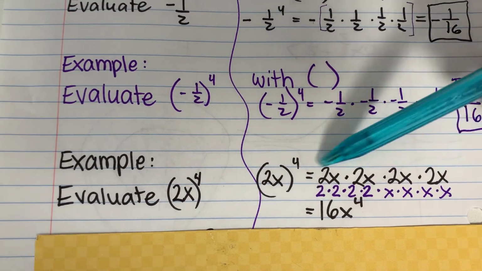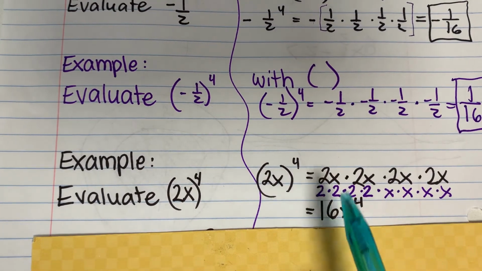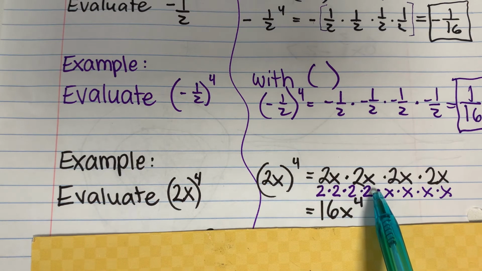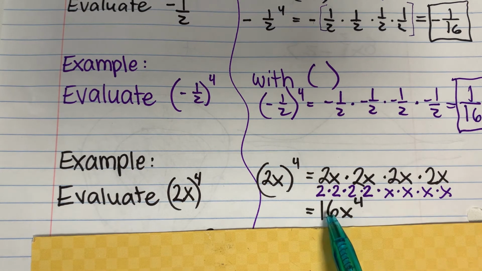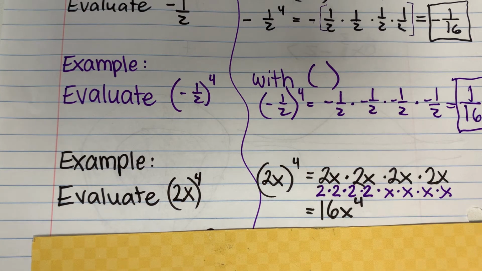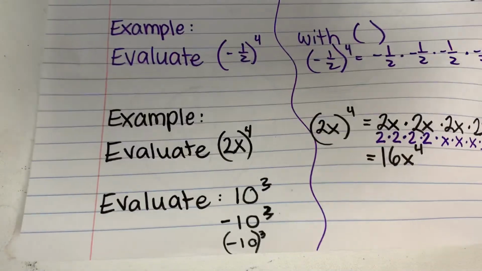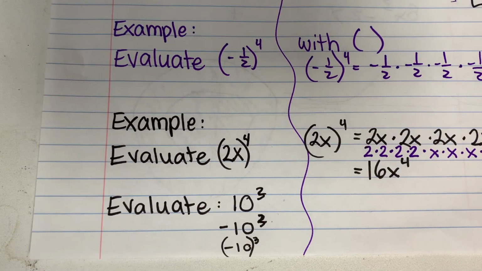You can do that because multiplication allows you to move things around. So 2 times 2 times 2 times 2, that is 16. x times x times x times x is x to the 4th. That's all you would do there. Now I've got a few problems for you to do, so go ahead and tackle those. And let's move on.